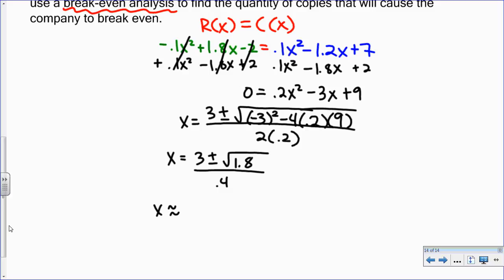So don't move the decimal yet. Let's just talk about when we add these. So 3 plus square root of 1.8. I hit enter, divided by 0.4, and I got 10.85410. Okay, 5 places. Is that what everybody else got?